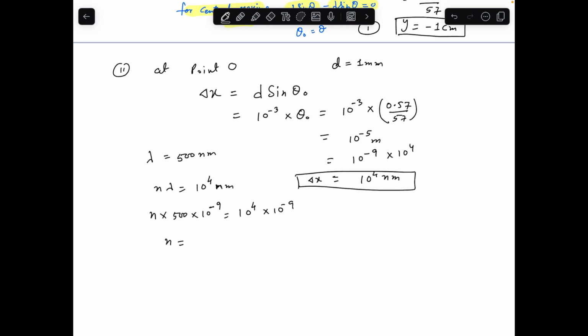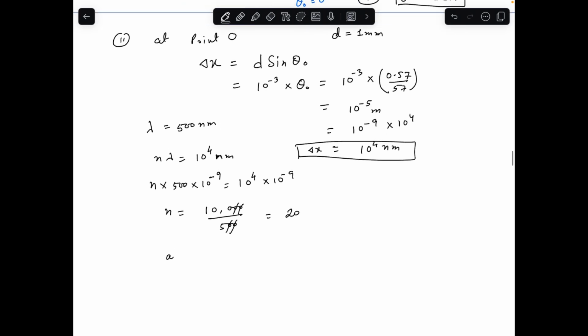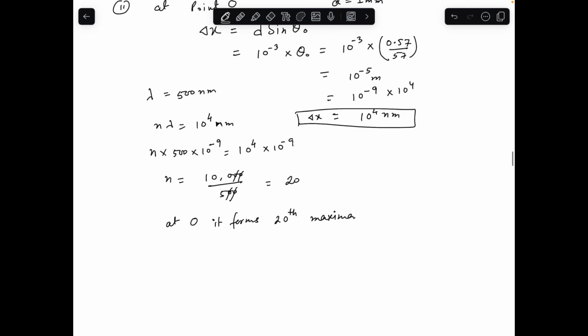So n I am getting 10,000 divided by 500. So if I calculate, I'll get 20. So at O it forms 20th maxima.